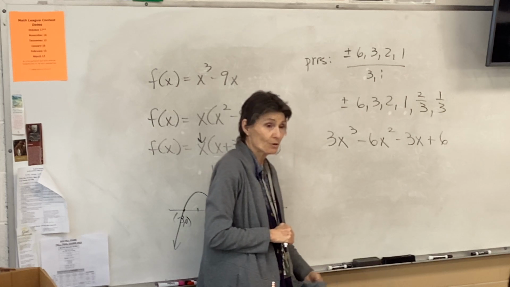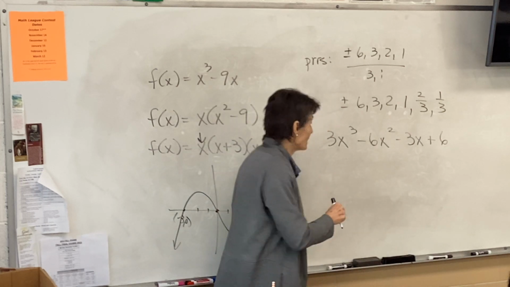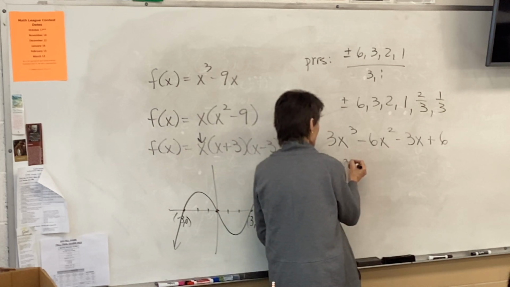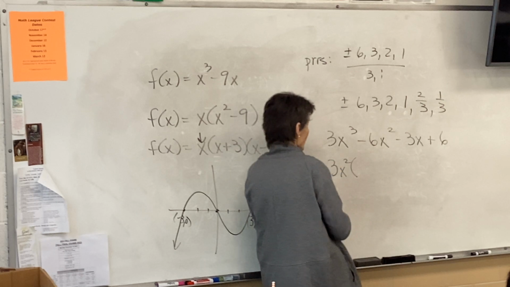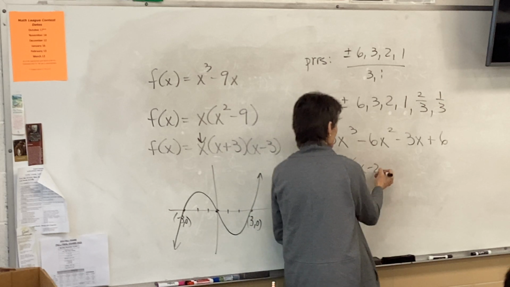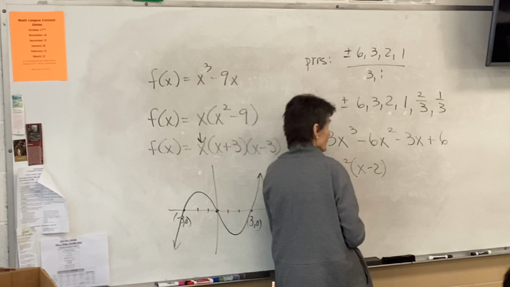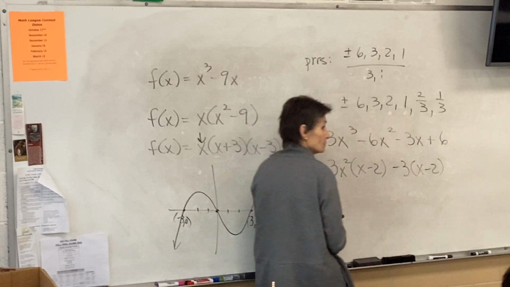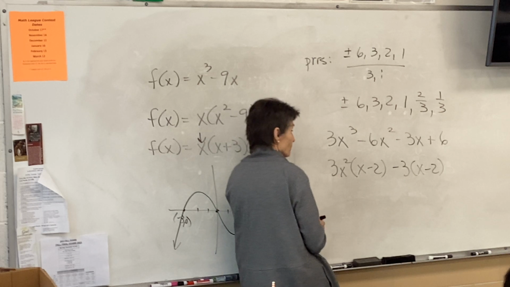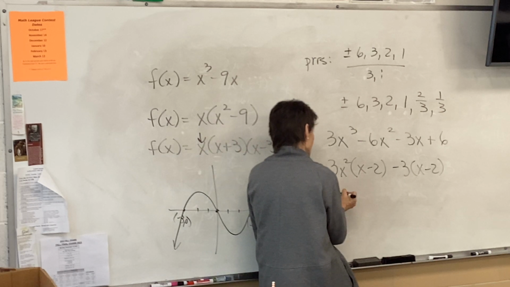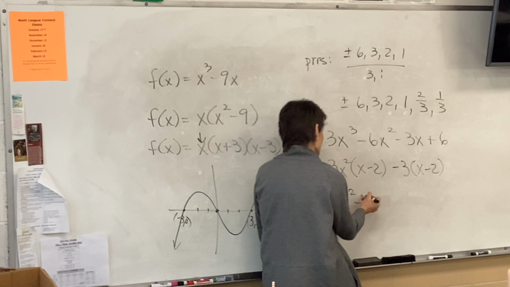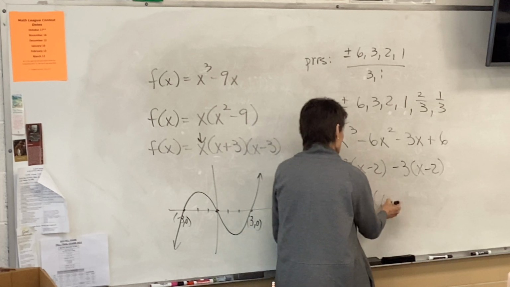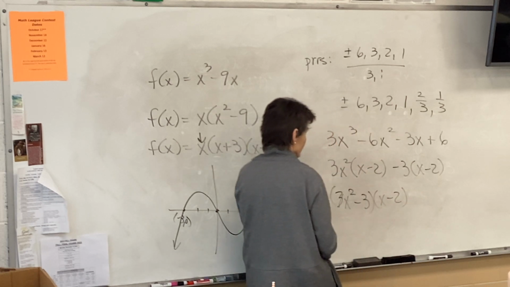Now, you don't have to factor it by grouping, but it does, because I can take out a 3x squared, and I will be left with x minus 2, and then minus 3, x minus 2. So I have 3x squared minus 3 times x minus 2.